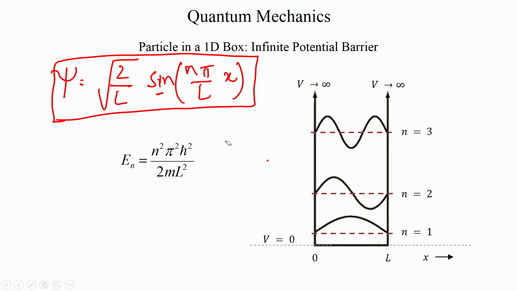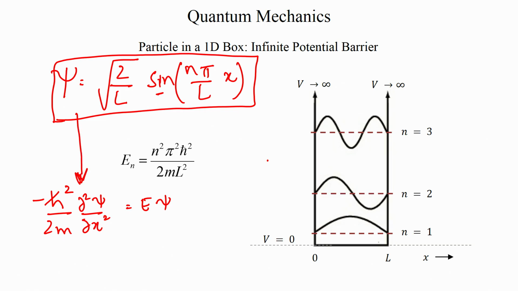How do we calculate the energy? Since my Schrodinger's equation is minus h bar square by 2m dou square psi by dou x square is equal to E psi, and now I know my psi accurately, I'm going to use this expression in the left term.